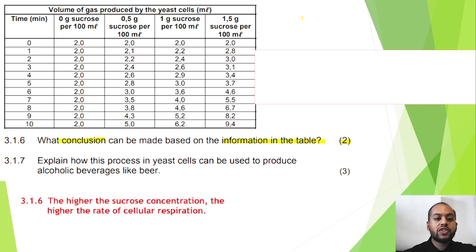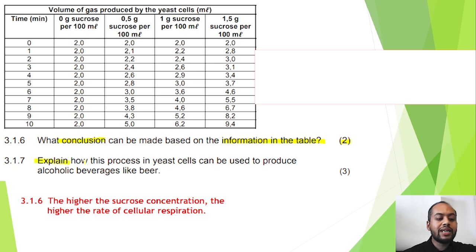Therefore, the answer for 3.1.6: the higher the sucrose concentration, the higher the rate of cellular respiration. Or you could also say, as the sucrose concentration increases, the volume of gas produced by yeast cells increases, and therefore it increases the rate of cellular respiration.